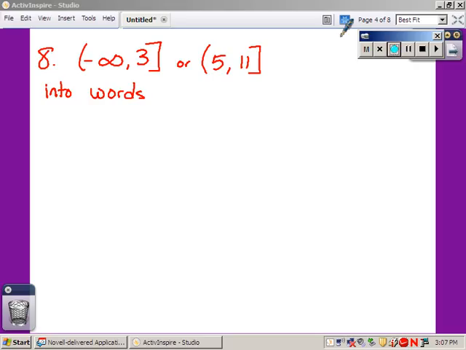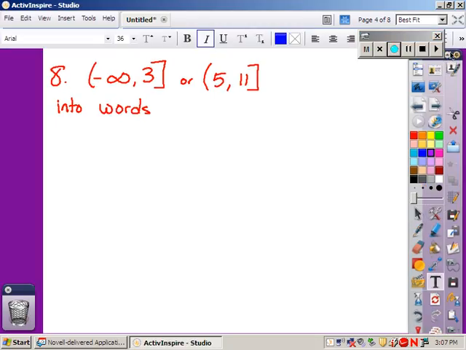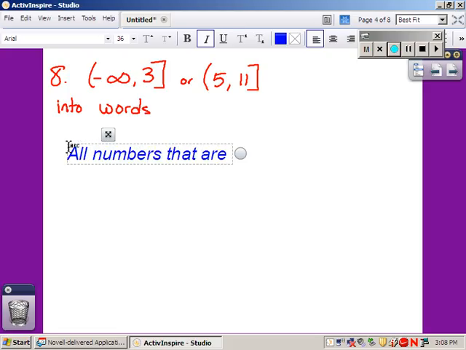But most of the time we don't really talk that way, right? So if you think about it, what does that really mean? It means that you can have any number you can think of that's less than 3, because it goes all the way to negative infinity, and actually it can be equal to 3. So in words, I would say that this first part says all numbers that are 3 or less.